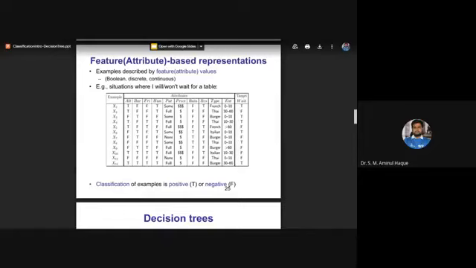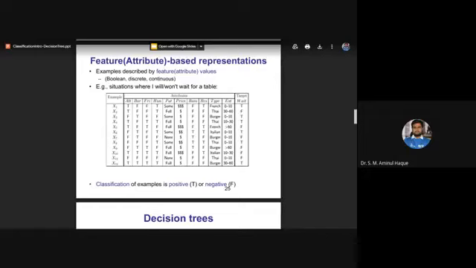How many levels? Two, sir. 2 levels, true and false, right? Yes, sir. Now, can you count how many true and how many false? Sir, 6 true, 6 false. That means is this data set heterogeneous or homogeneous? Heterogeneous. It is 100% heterogeneous, isn't it?